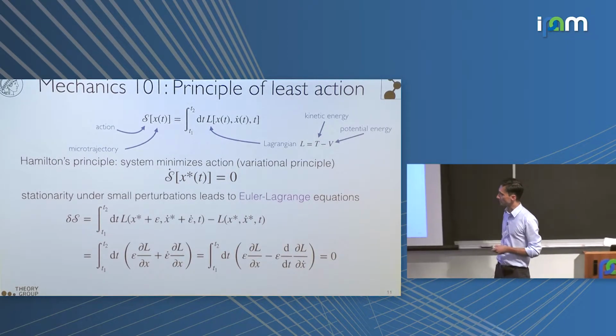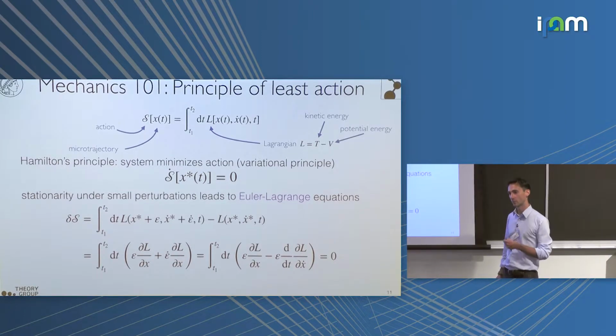That means that we can then apply a small perturbation and see what happens to the action. If I apply a small perturbation and go from x to x plus epsilon, then for the velocity I have x dot plus epsilon dot, and I'm looking at a small perturbation of the action around this true pathway, the minimum of the action.